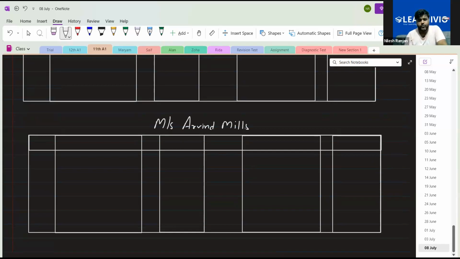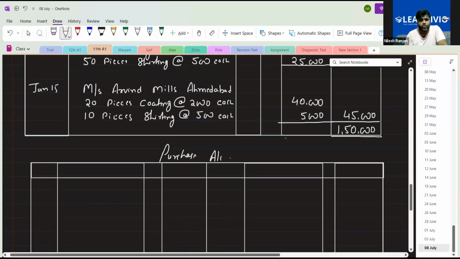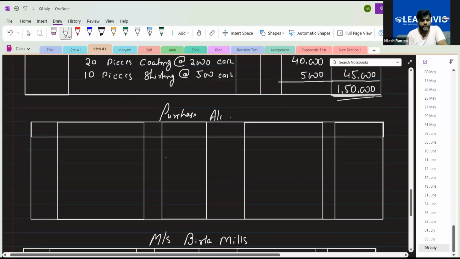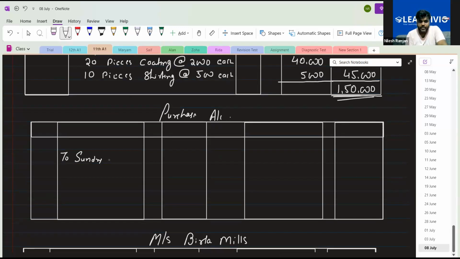So in purchase book, we will directly write the total of purchase book. This is 1,50,000. So it will be written on the debit side to sundry purchases as per purchase book. You will write the total amount 1,50,000. Then Messrs.